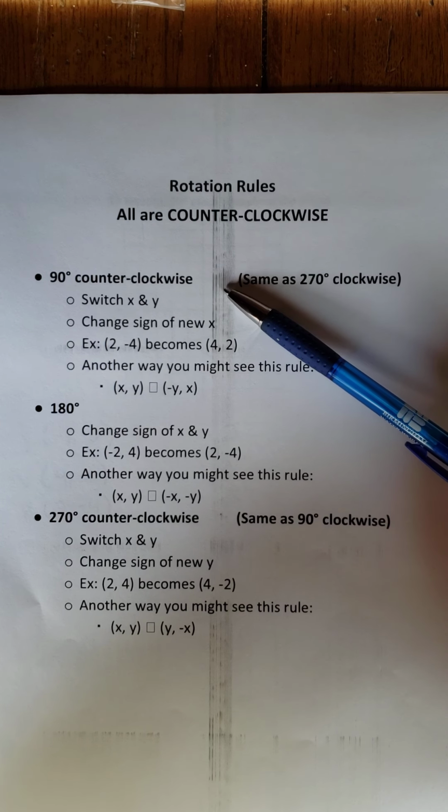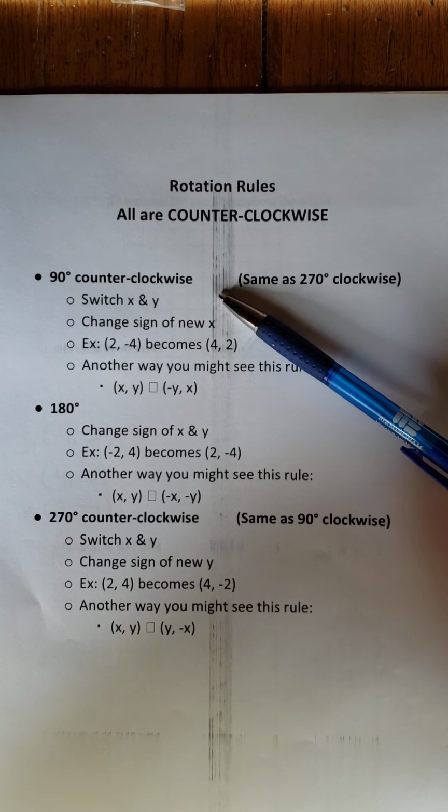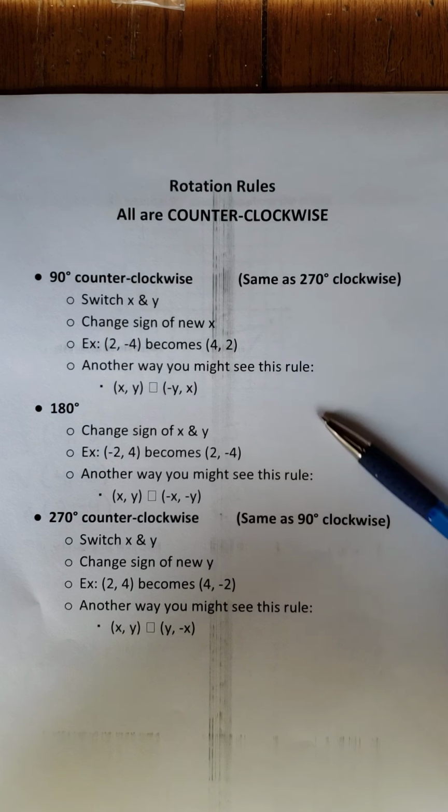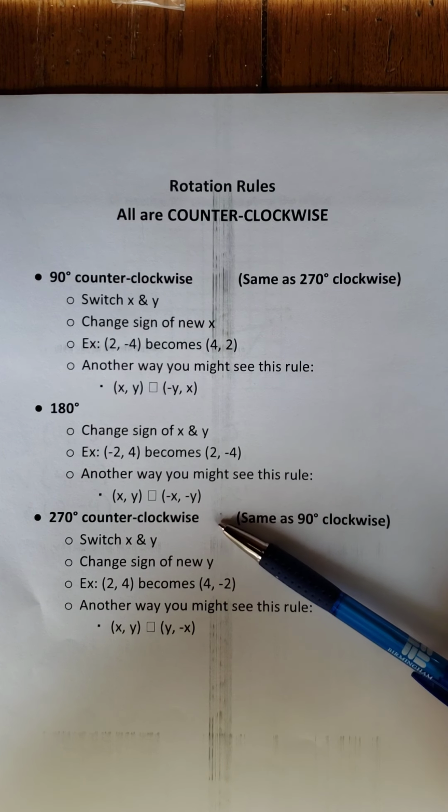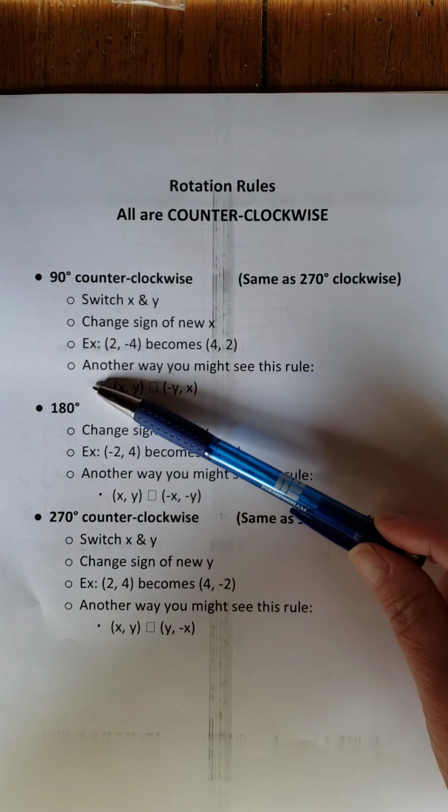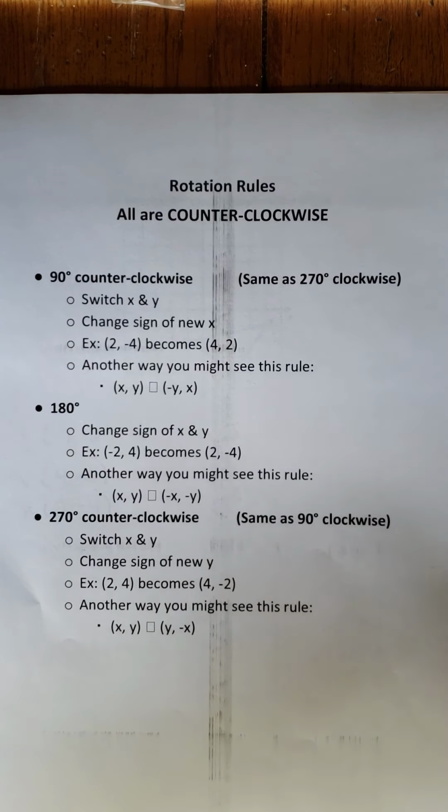That's the same as going 270 degrees clockwise because we would start here. This would be 90, this would be 180, this would be 270. So if you need to rotate coordinates clockwise, you just find the equivalent to counterclockwise. So let's see what that means.